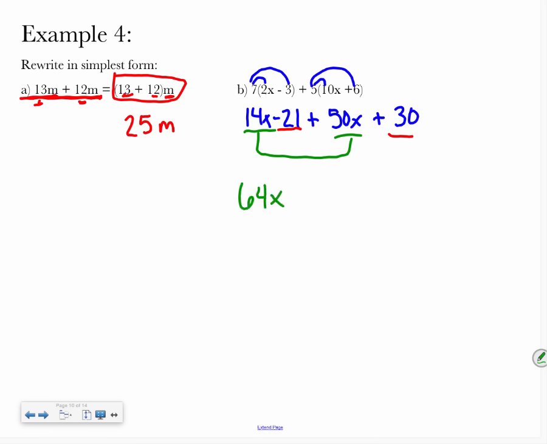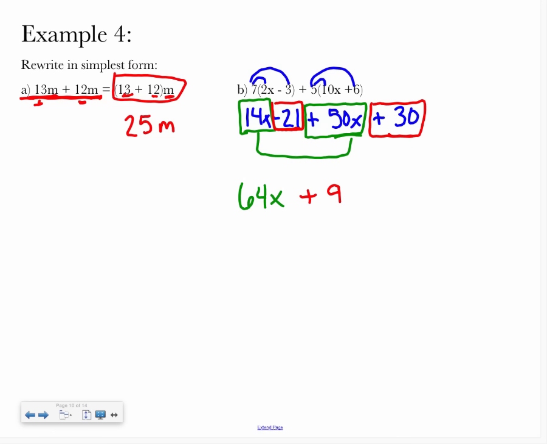When you're doing this, one important thing is keep the symbol that's right in front of it, okay? So that's how I knew I had a positive 14x plus a 50x. And now I have a negative 21 plus 30. Negative 21 plus 30 is going to be plus 9. So I have 64x plus 9 as my final answer.